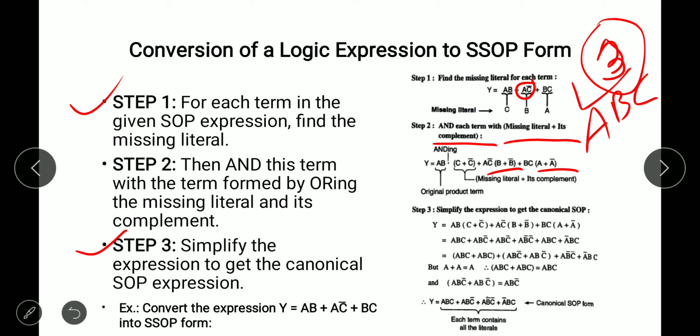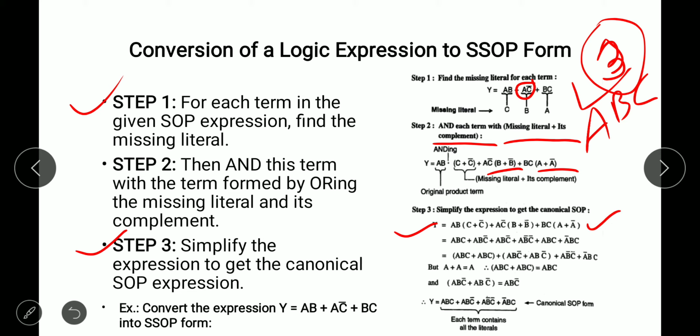Then step 3: simplify the expression to get the canonical SOP expression. So we simplify here. AB in a bracket C plus C bar, plus AC bar in a bracket B plus B bar, plus BC in a bracket A plus A bar.